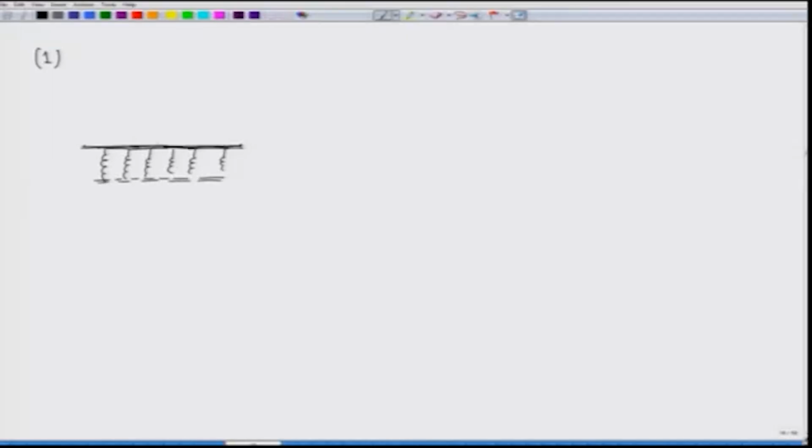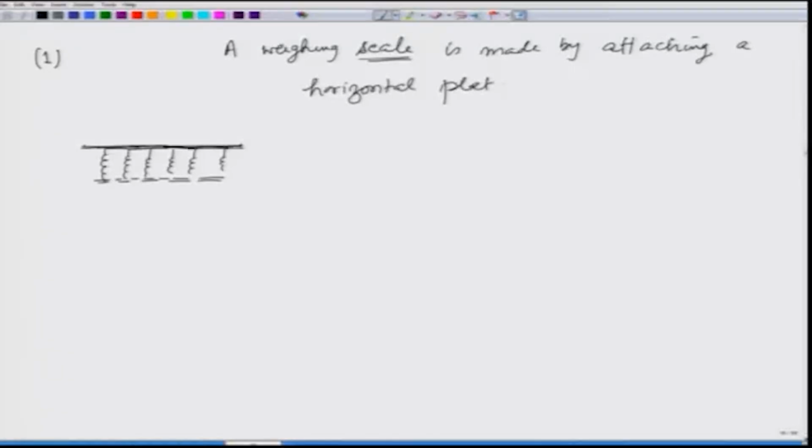So, what we have is a weighing scale, and by scale I mean it is a large scale, made by attaching a horizontal platform of 50 kilograms to a spring system.